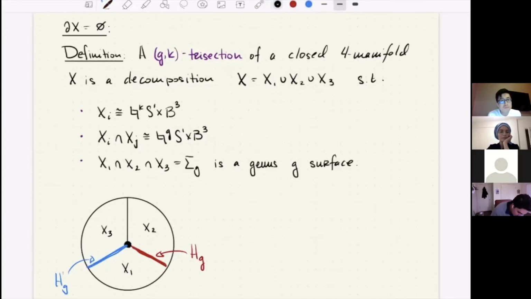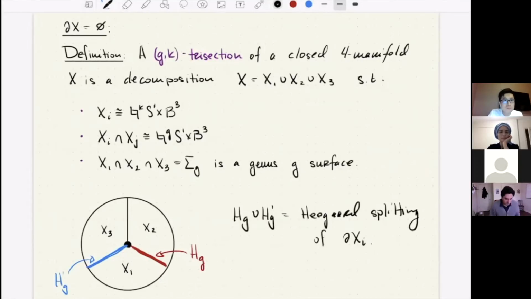And one of the things is that HG union HG prime is a Heegaard splitting of the boundary of each of the pieces. So we have this really nice decomposition of the boundary as intersections with the other pieces. Okay, so that's what a GK trisection is in the closed case.